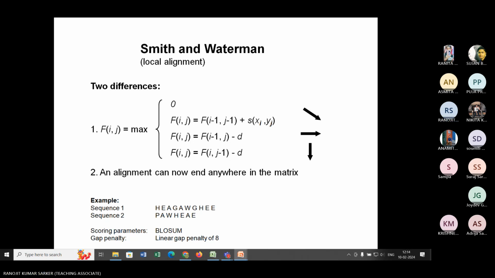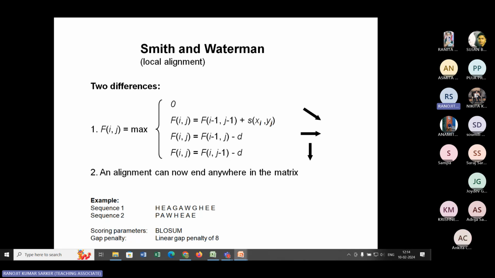Why are we talking about two closely related sequences? Because as the sequences diverge, the dissimilarity increases. If the dissimilarity increases, there is a chance to miss the biologically, functionally similar sequences, which mathematically become dissimilar. That is the problem.